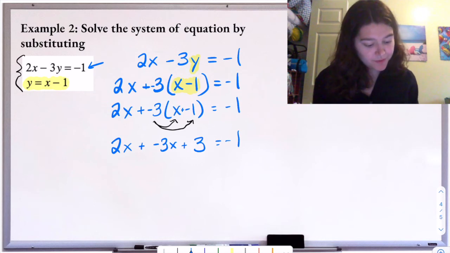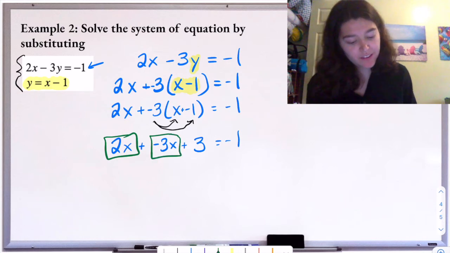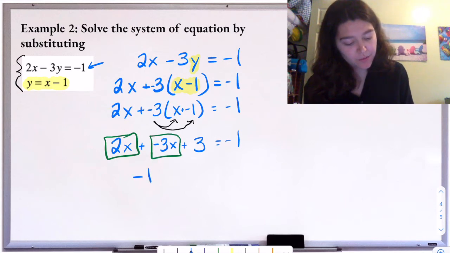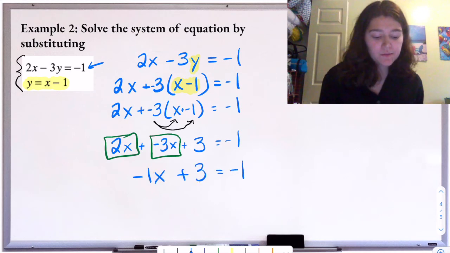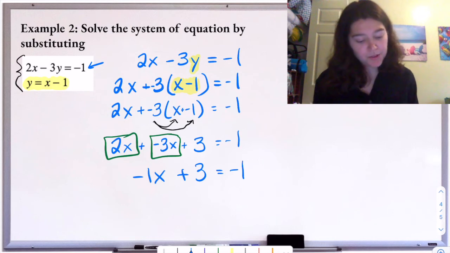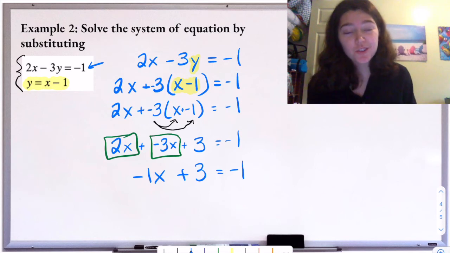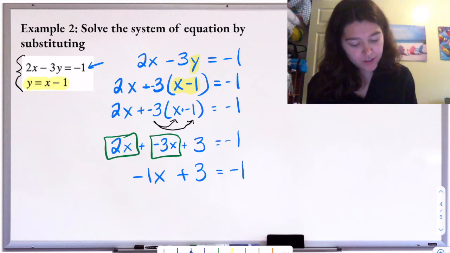Okay, now I have some like terms to combine, positive 2x and negative 3x. When I add those together, I get negative 1x plus 3 equals negative 1. Then now I have x being multiplied by negative 1, and then I'm adding 3. I need to undo. How do I undo adding 3?